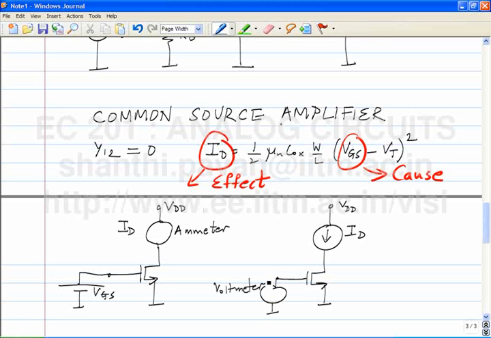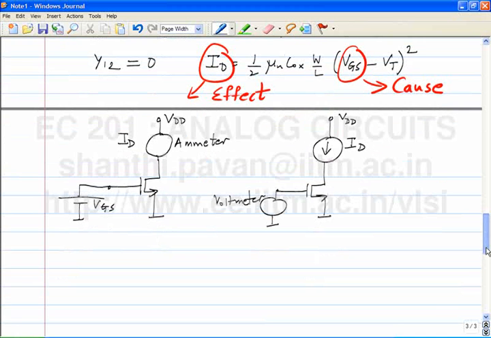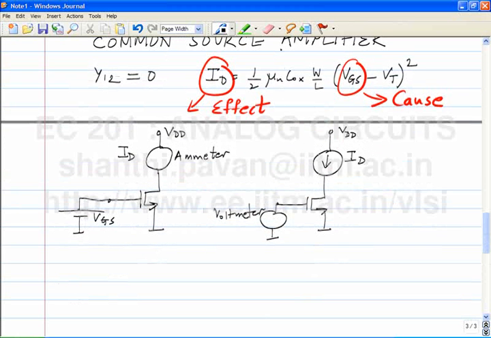In the first experiment shown towards the left, which is this chap here, I take a battery of value VGS1. I apply it between the gate and source of a MOSFET. In the drain, I hook up an ammeter in series and connect the ammeter to a very large voltage VDD.